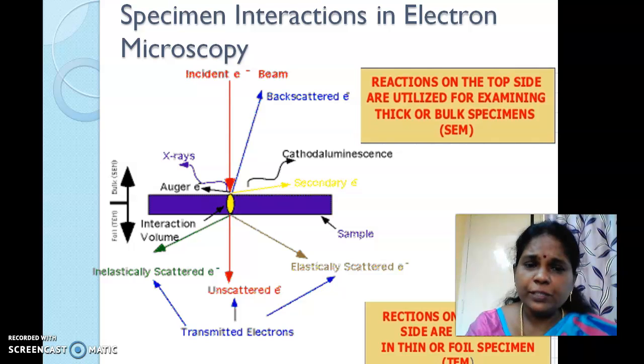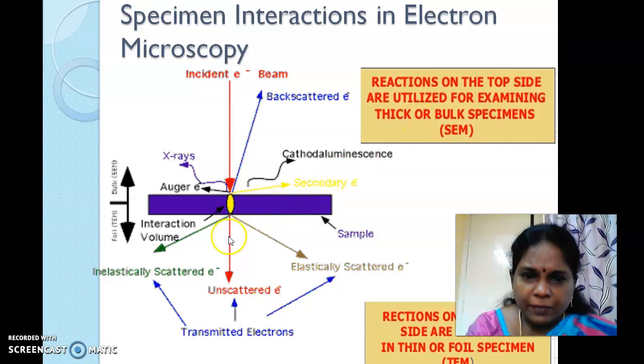During this process, a vacancy is produced at the lower shell. In order to compensate, a higher energy electron comes to the lower level, and therefore it emits an Auger electron, and the surplus energy can be emitted in the form of X-rays. All these happen at the top of the specimen, and they are utilized for scanning electron microscope, and that too for a bulk or thick specimen.